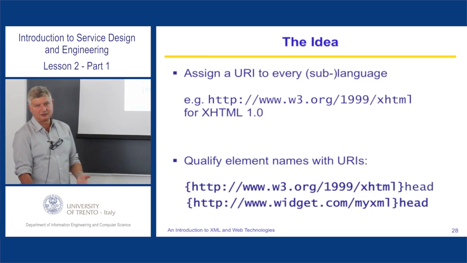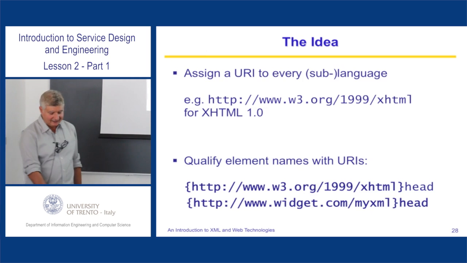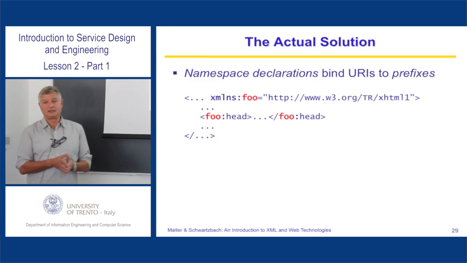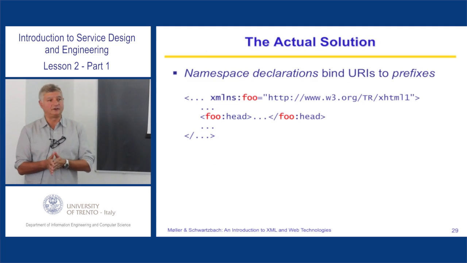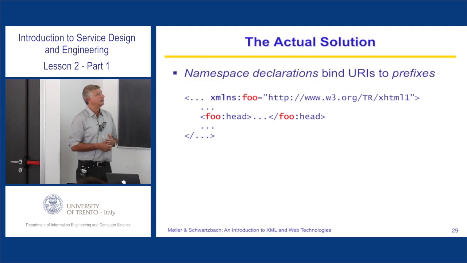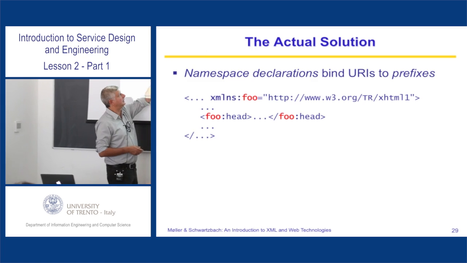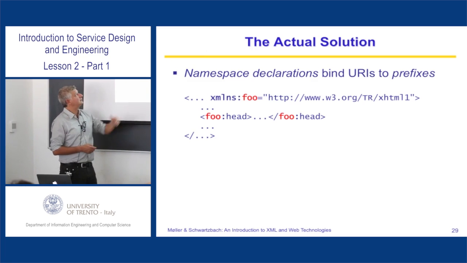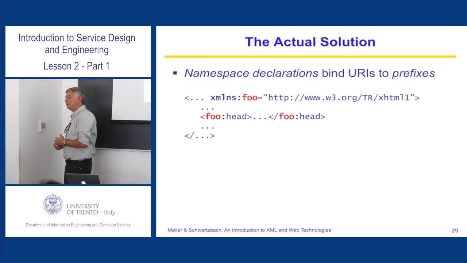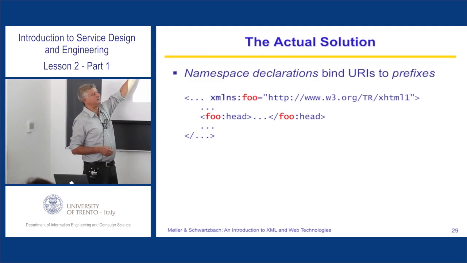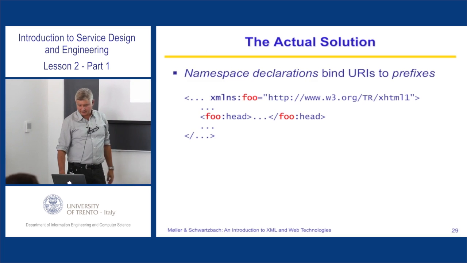But you know the solution because it's the same one as in programming languages, which is the definition of a namespace. You define at the beginning, in the header of the file, that you are going to use this particular HTML language, in this case XHTML1, and you give it a funny name, a prefix, and then you just need to use this prefix and not the long link.